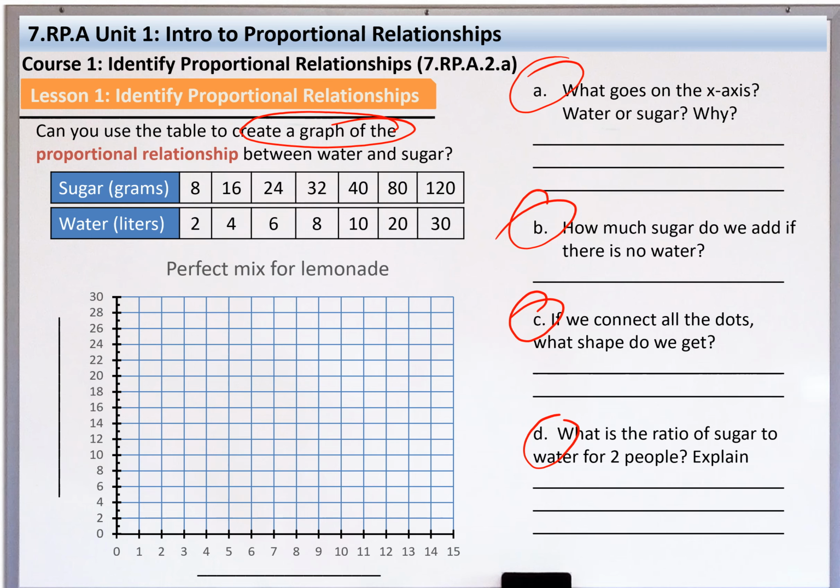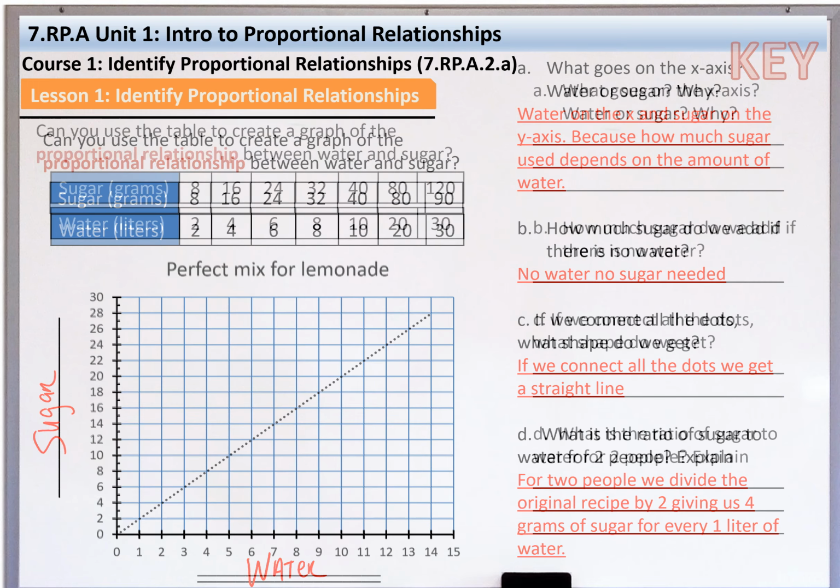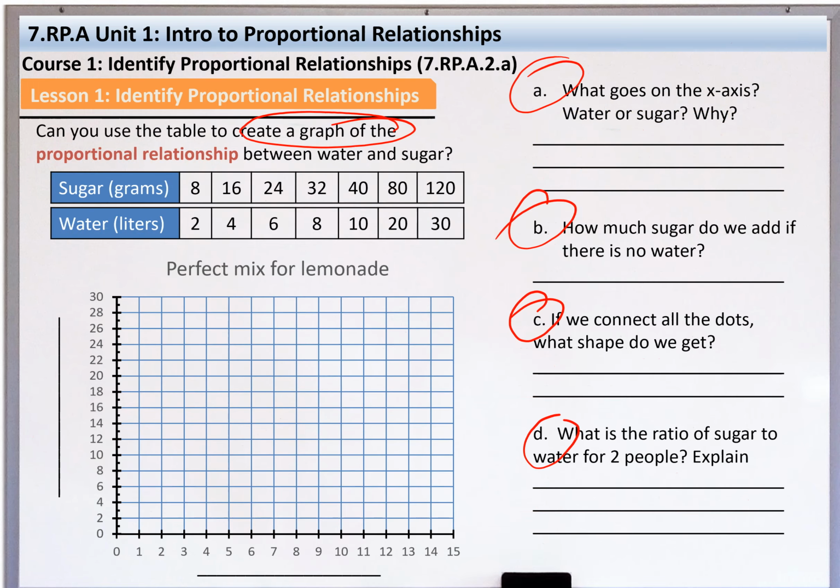The next question, how much sugar do we add if there is no water? And I believe those are the only two I asked. So go ahead and answer those questions for me. Okay, let's look at a few possible answers.